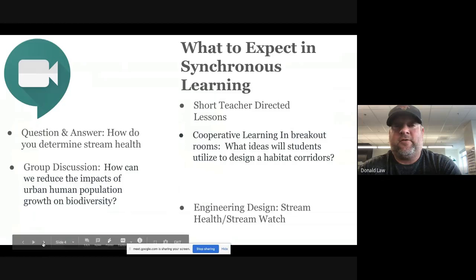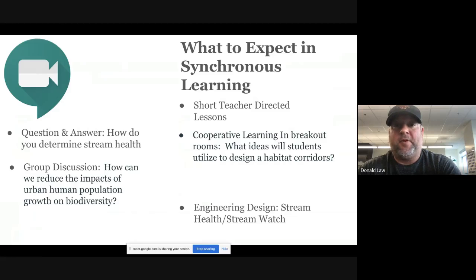For our class, there's two sections. The first section we have is synchronous. And what do you want to expect? Well, there's going to be question and answering, such as how do you determine stream health? There'll be some group discussions, such as how can we reduce the impacts of urban human population growth on diversity? I will be doing, and Ms. Matthews will be doing, short teacher-directed lessons.